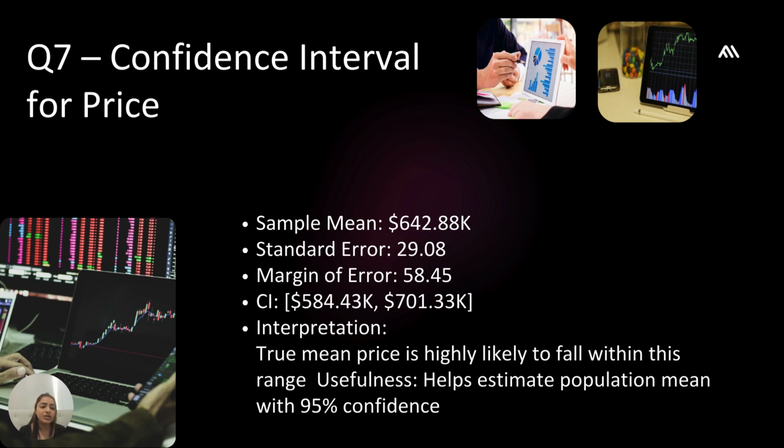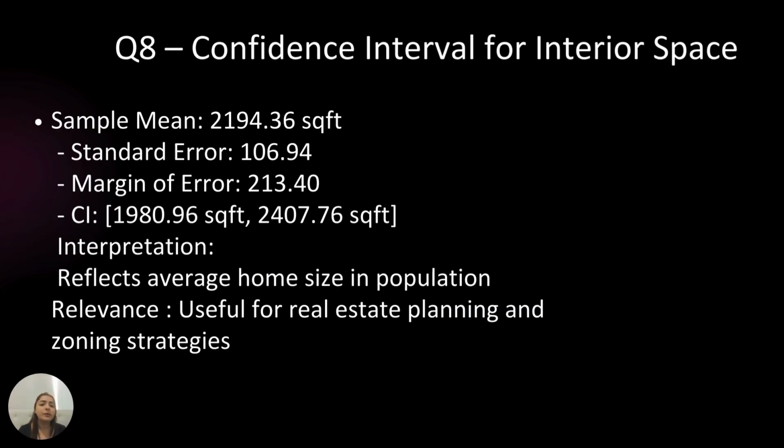Coming up to question number 8, the confidence interval for interior space. Using the same method, we calculated the confidence interval for interior space. Mean is equal to 2194 square feet. Standard error is equal to 106.94.